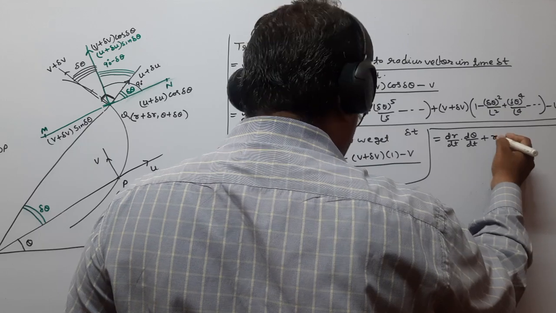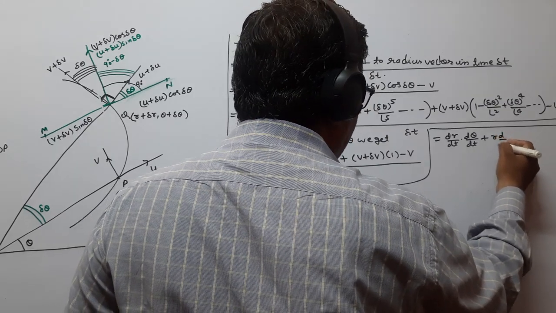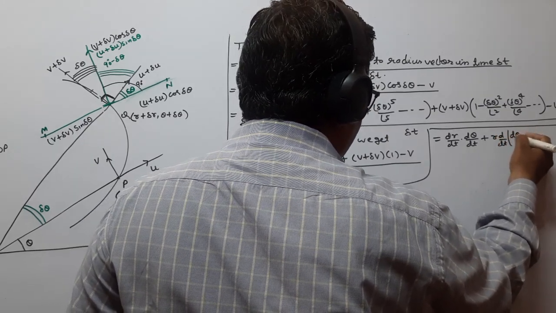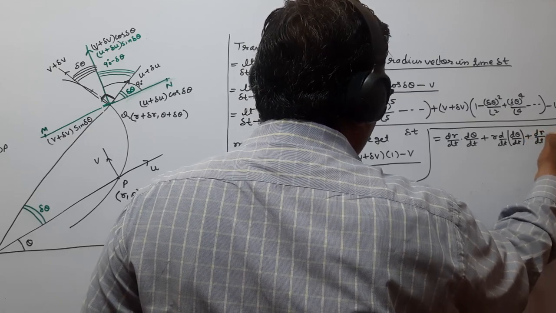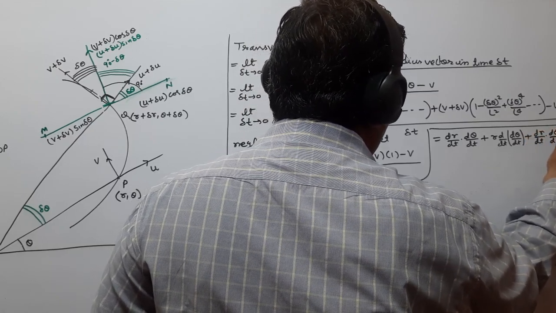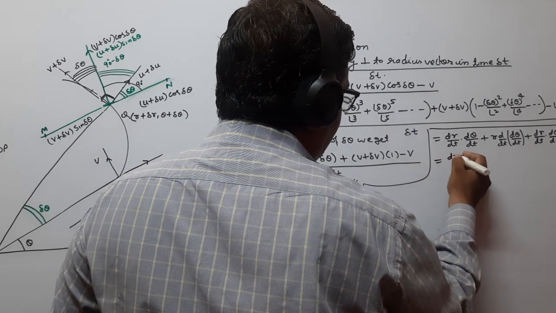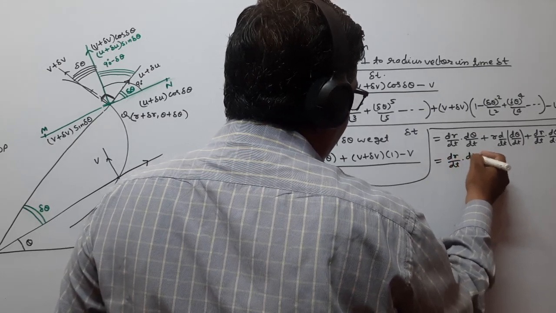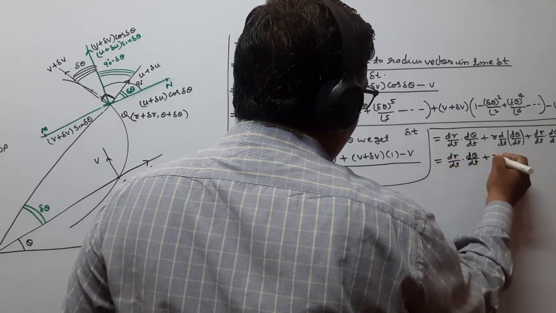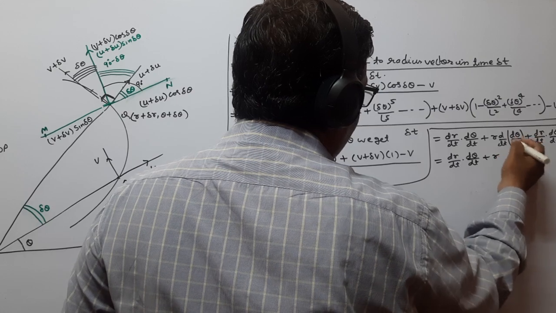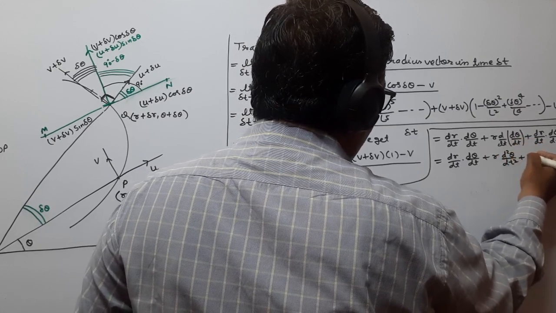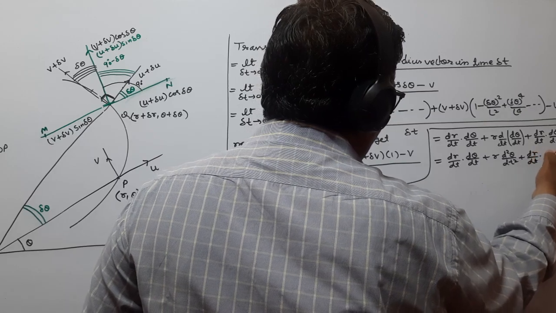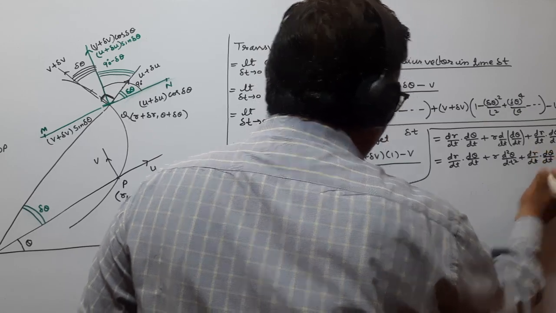So first function r times d by dt of d theta by dt plus second function and differentiation of first, so dr by dt multiplied by d theta by dt. So this is dr by dt multiplied by d theta by dt plus r, and differentiation of d theta by dt with respect to t is d2 theta by dt2, plus dr by dt multiplied by d theta by dt.